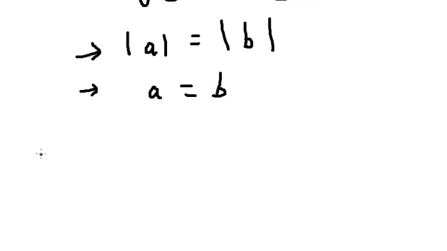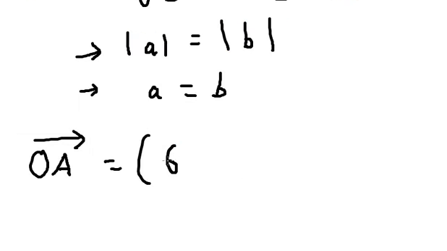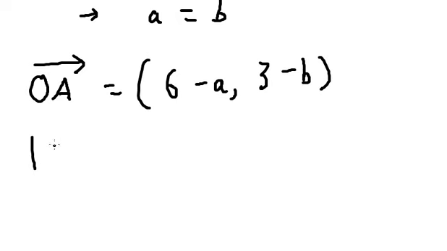So for the distance, we need to find the vector OA, which means (6 minus a, 3 minus b). And now we need to use the magnitude of this vector.